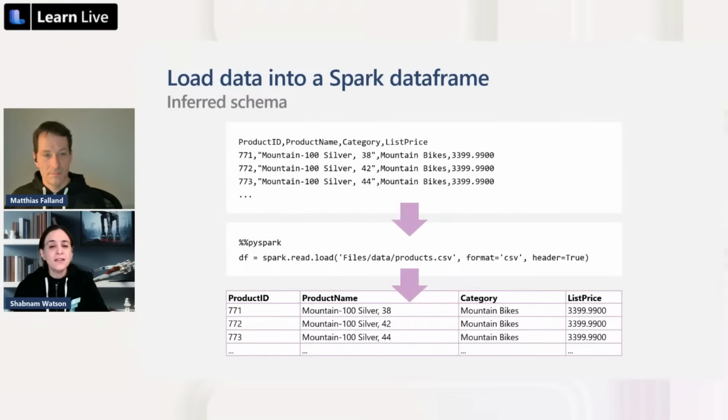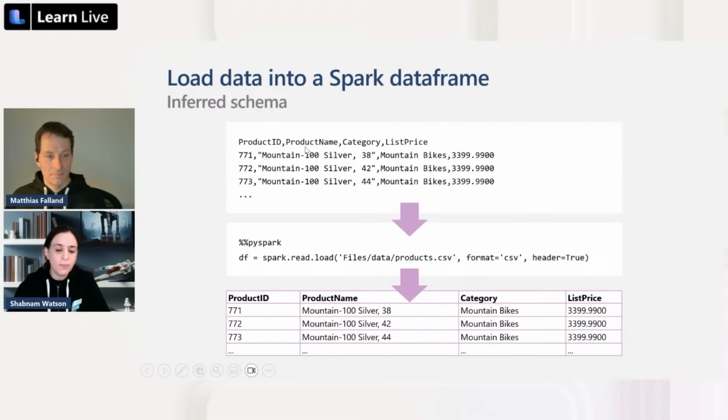So the main data structure that you work with in Spark is called a data frame. So think of a data frame as a table in memory. So you load your data in a data frame, and from that point on, you can further analyze it, display it, and transform it if needed. What you see on this screen is an example of, let's say that you have a CSV file in the Lakehouse, and it has headers.